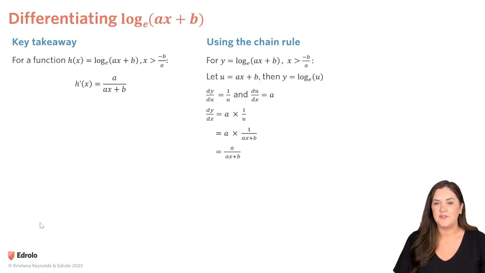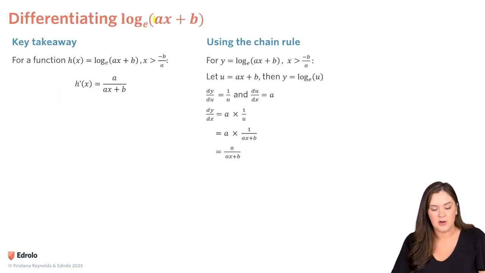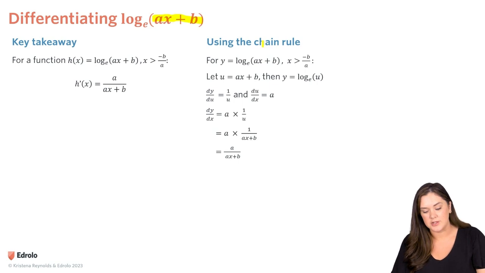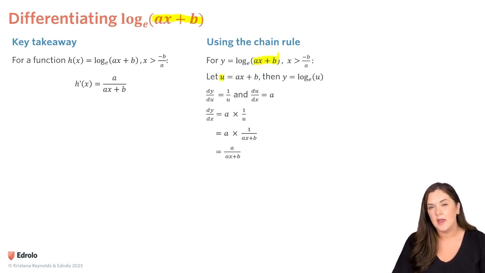Now we're looking at something different again. So we're differentiating log e of ax plus b. So I'm going to show you why the derivative is what it is using the chain rule again. So again, we're going to separate this into two different equations. We're going to let u equal what's in the middle there, so the ax plus b, and then rewrite y in terms of u. So we've got y equals log e of u.